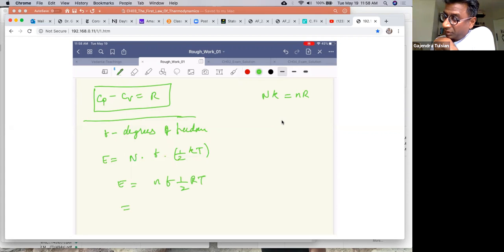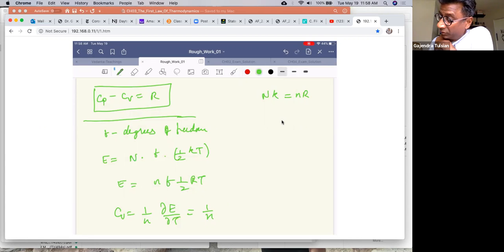That's the internal energy. And C_V is defined as 1 over n times the partial derivative of E with respect to T. Taking the derivative of this with respect to T, what you get is n times F times R by 2.